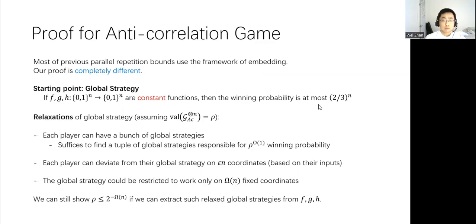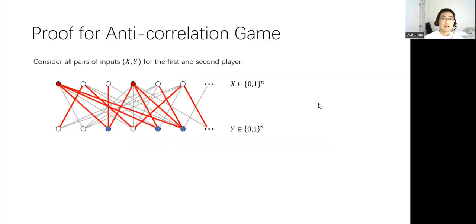And similarly, we only need to specify a global strategy on a fixed linear number of coordinates. The rest of the coordinates can be fixed to our will. So if we can extract such relaxed global strategies from their optimal strategies, we're still good. So now it sounds achievable. How do we actually do that?